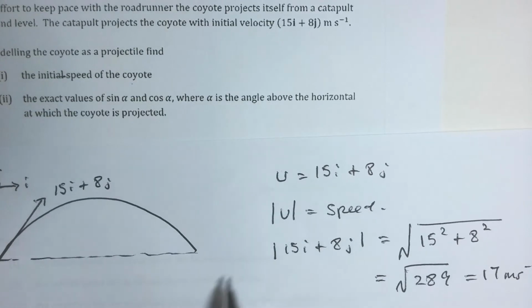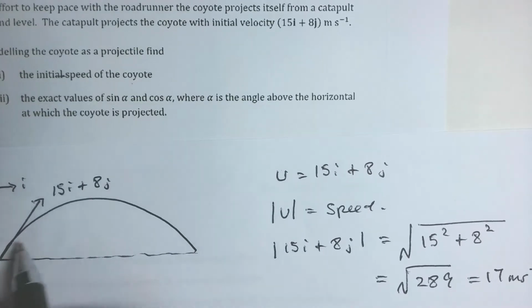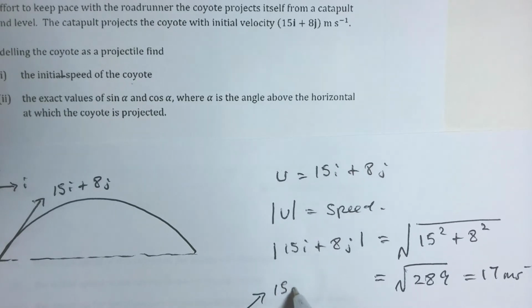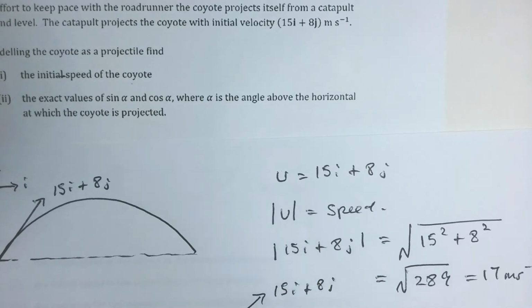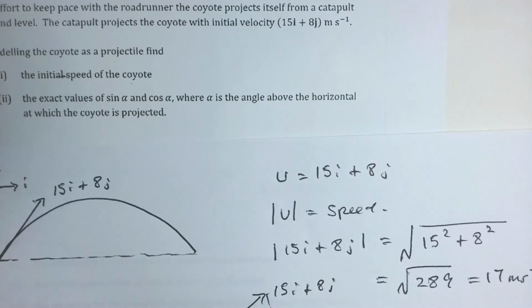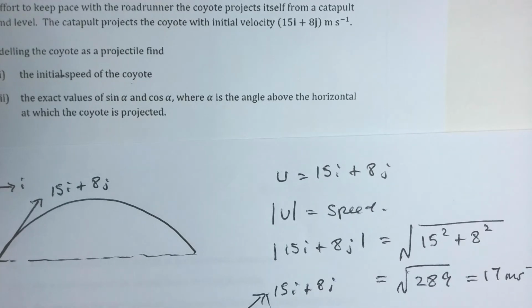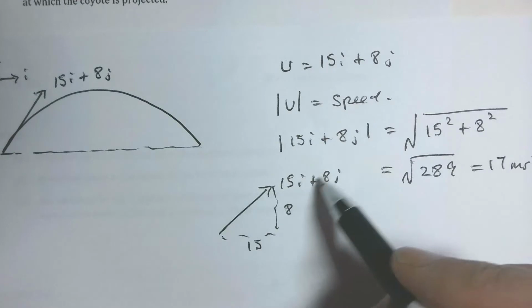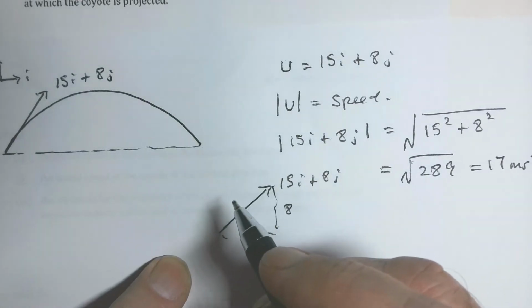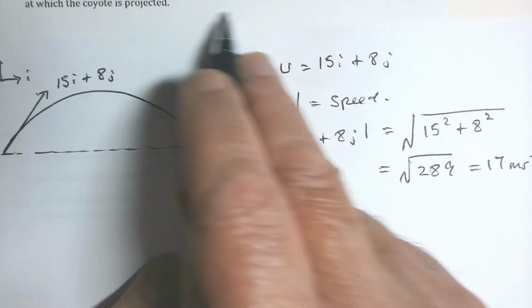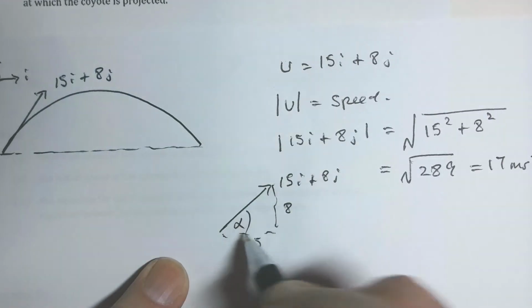Okay, so that's the first part, and the second part is, if you've got a vector like 15i plus 8j, this has a component of 15 meters per second horizontally and 8 meters per second vertically. We need the exact values of sine alpha and cos alpha, where alpha is the angle above the ground.